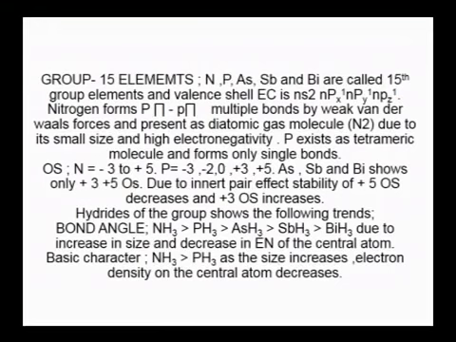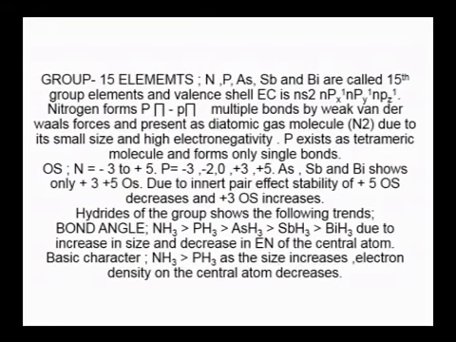Let us see the oxidation states of some of the elements present in group 15. Nitrogen exhibits oxidation states -3, -2, -1, 0, +1, +2, +3, +4 and also +5, meaning it exhibits all the oxidation states from -3 to +5.